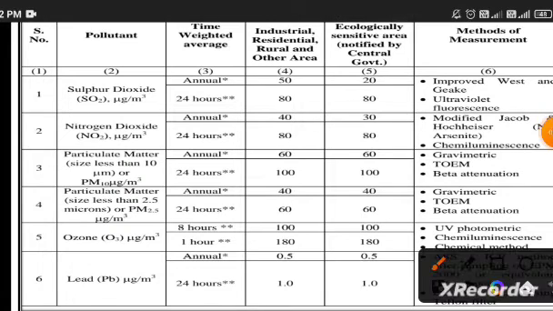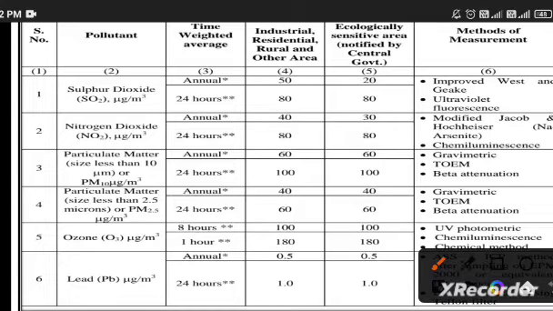From here you can see the standards for different air pollutants. I have already made a video explaining this table in detail. In case you haven't seen that video, you can check it from the link given in the description.